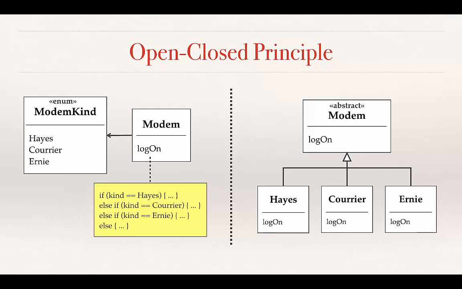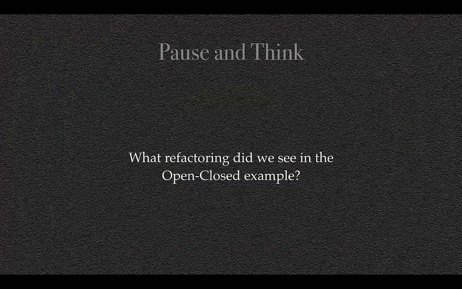Now, the redesign that you see here is actually a common refactoring. If I give you 10 seconds to pause the video, can you tell me what the name of this refactoring is? Okay, the answer is replace conditional with polymorphism.